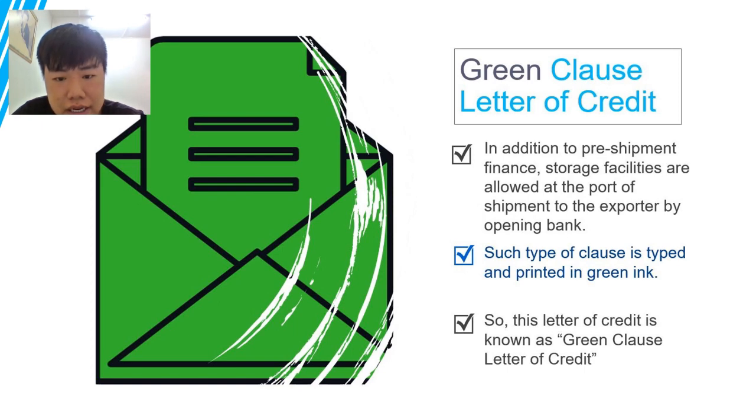But the green clause letter of credit is considered an extension of the red clause letter of credit, which means it provides the advance not only for the purchase of the raw material, processing, and packaging of the goods, but also for the pre-shipment warehousing or storage facilities at the expense of the buyer. This type of clause is typed and printed in green ink. Therefore, we name it the green clause letter of credit.